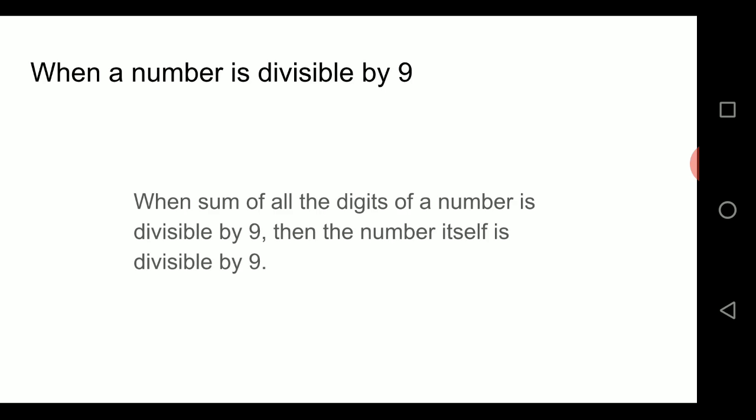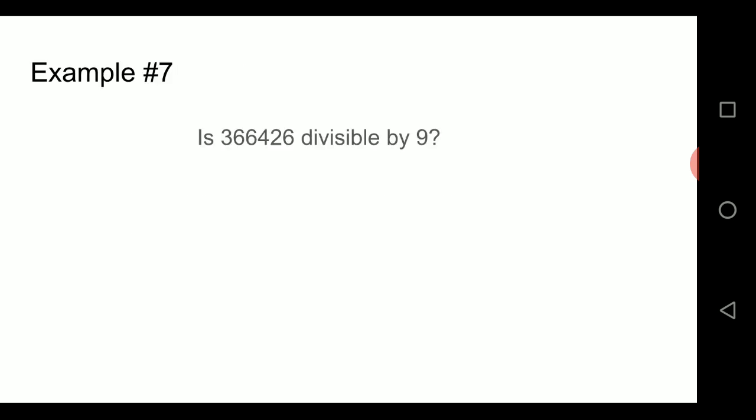If the final answer is divisible by 9, then the whole number is also divisible by 9. Okay, so is this number 366426 divisible by 9? I give you a minute and you can guess the answer in your head. Then we'll talk about it.